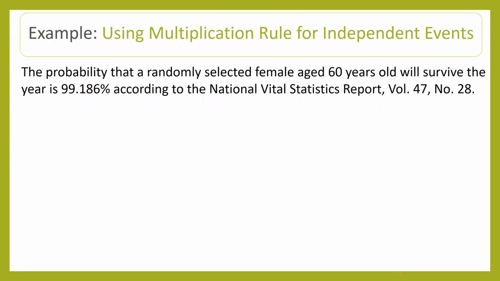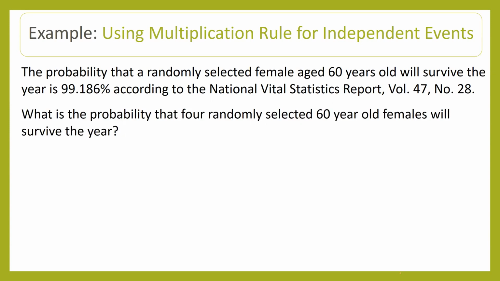All right, so let's see a similar problem. The probability that a randomly selected 60-year-old female will survive the year is 99.186%, according to the same example we had before, but a different question now. What is the probability that 4 randomly selected 60-year-old females will survive the year?